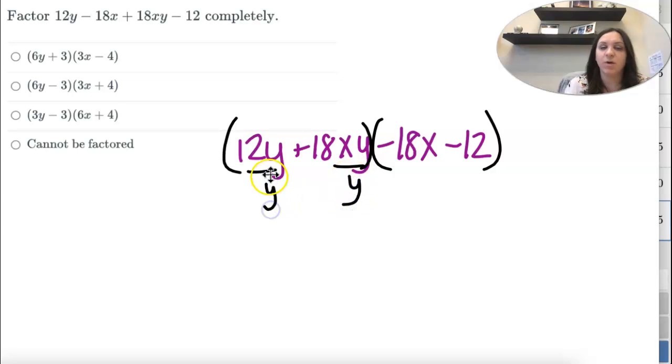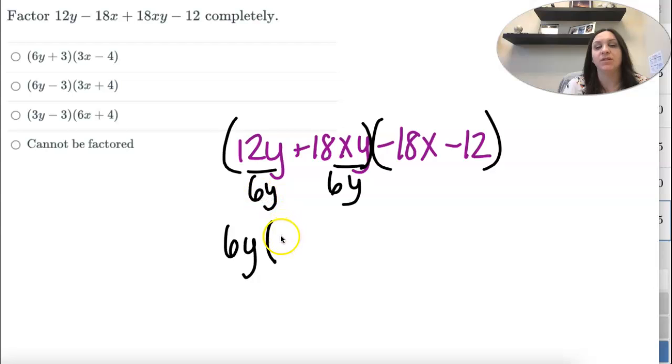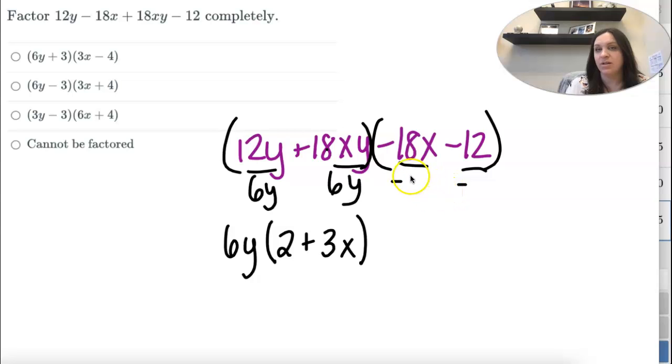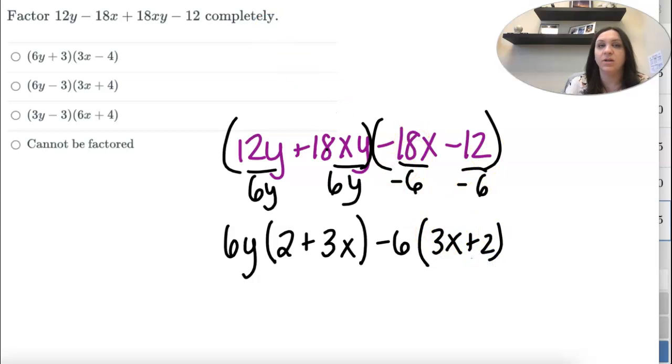So these both have a y, and then 12 and 18 both divide by 6. So if I take out 6y, I'm left with 2. 18 divided by 6 is 3, and an x. Here I can take out a negative, they're both negative, 6 again, and I'm left with 3x plus 2.